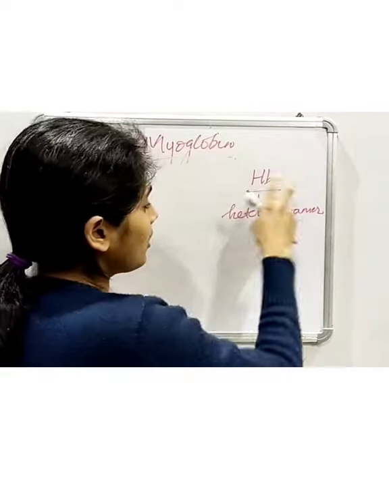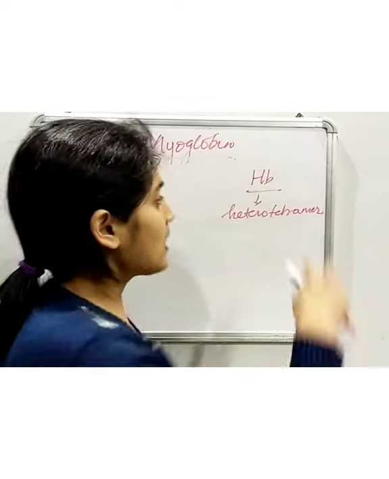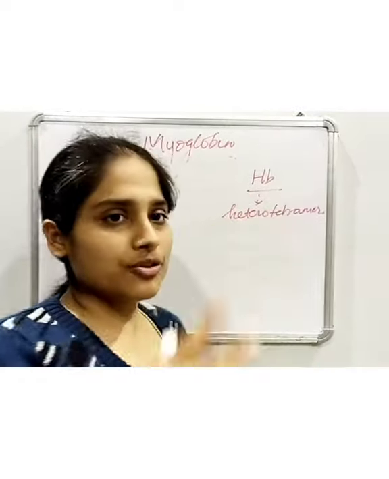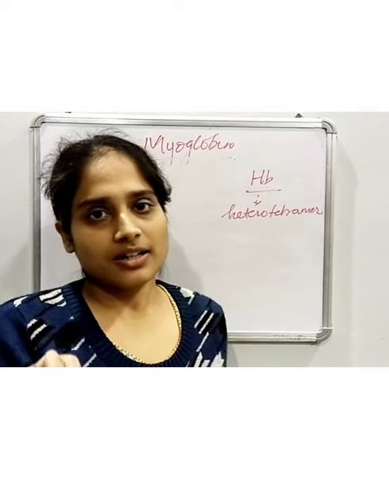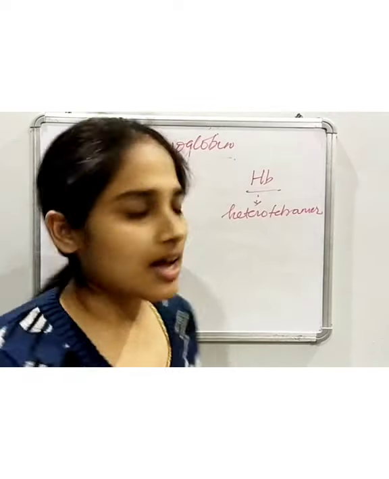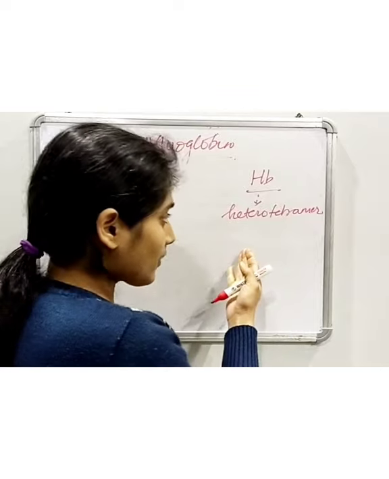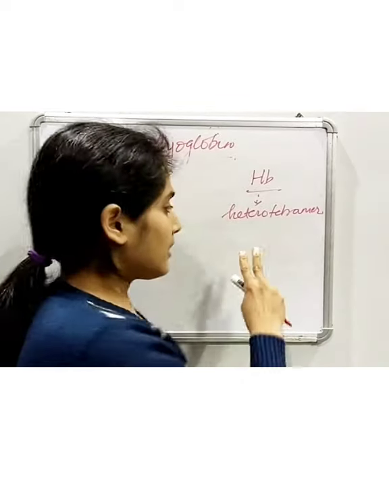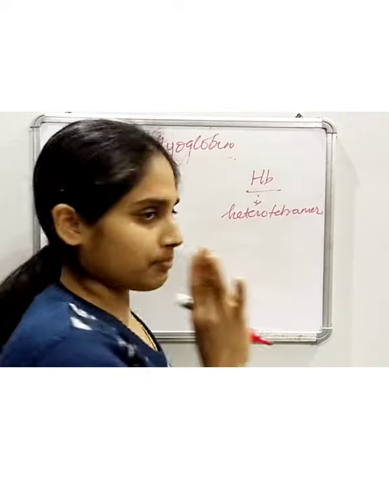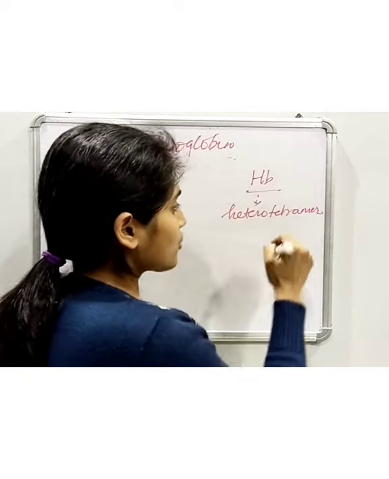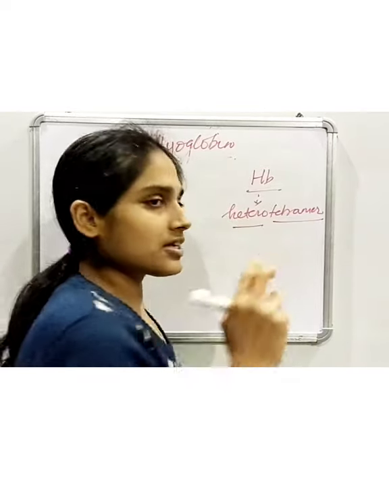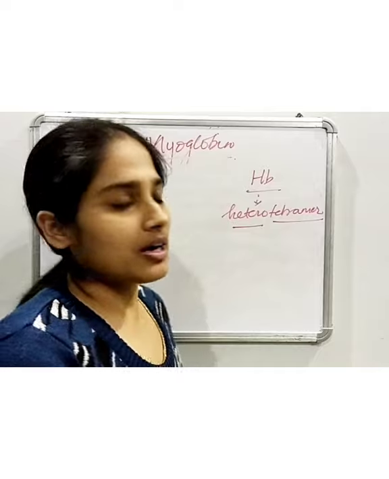Why is it known as heterotetramer? Because this hemoglobin is composed of different polypeptide chains, and it contains 4 polypeptide chains. So that's why it is tetramer and hetero, because it contains different types of polypeptide chains.